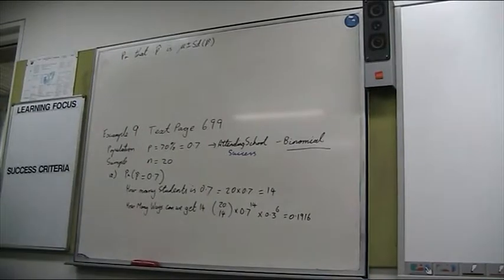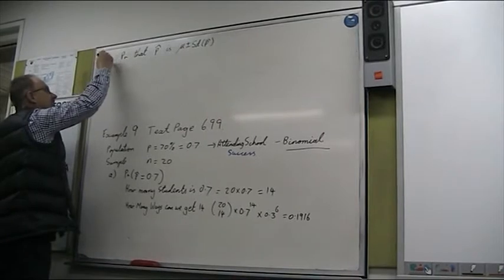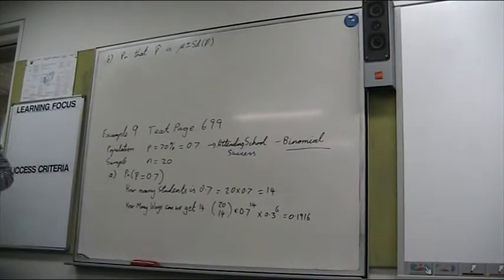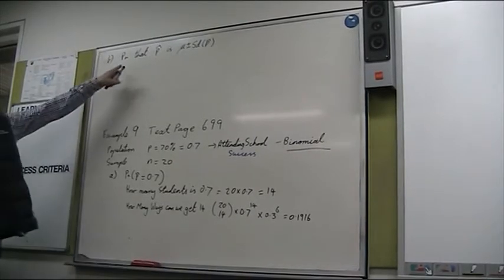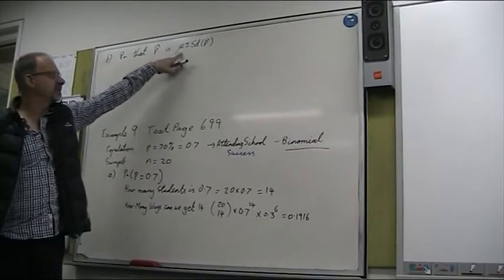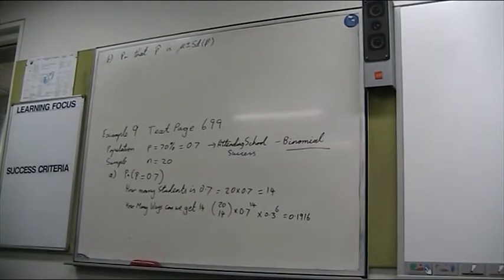This is part B, I forgot to write my B. So the probability that the sample proportion is within one standard deviation of the population proportion.